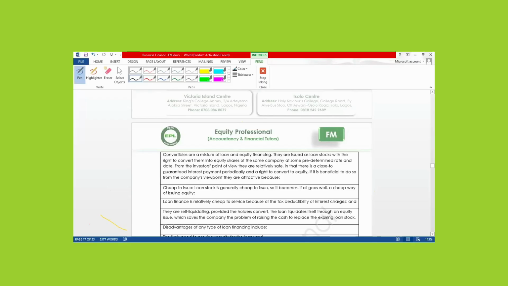If you pay interest on your loan stock, you are going to claim tax relief. Loan finance is relatively cheap to service because of the tax deductibility of interest charges.